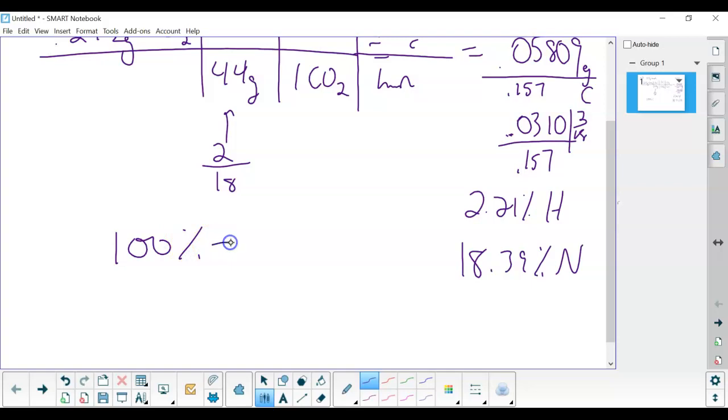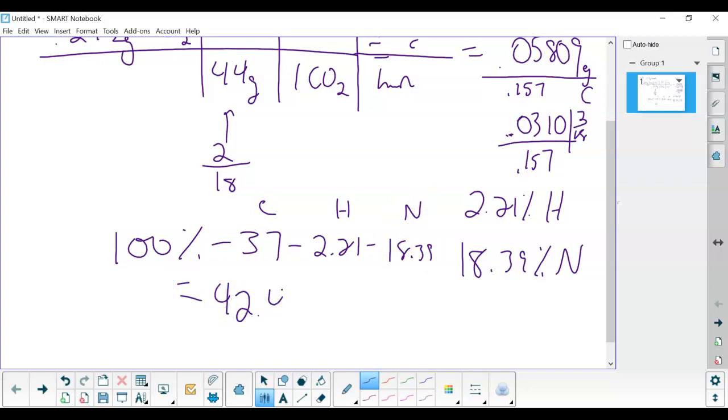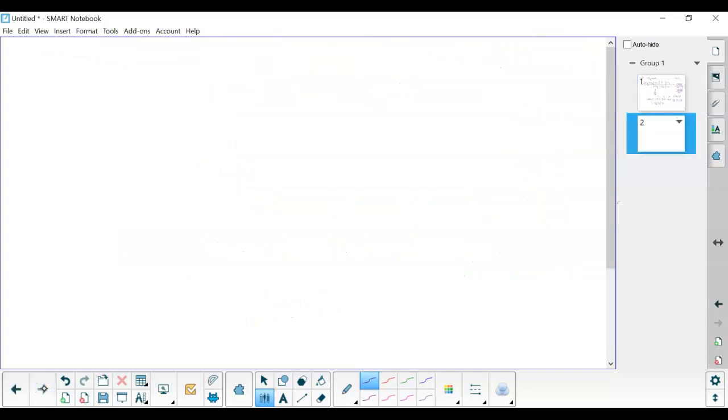And so if we subtract the different percentages from carbon, hydrogen, and nitrogen, we're going to end up with about 42.4% oxygen. Now, some of my decimals might be a little bit off, but it's not going to make a difference in the end.